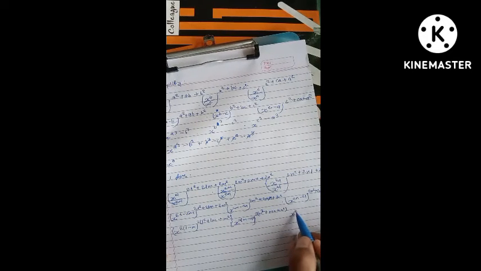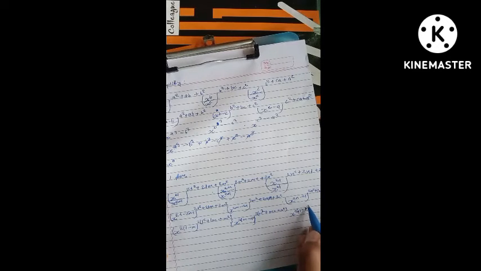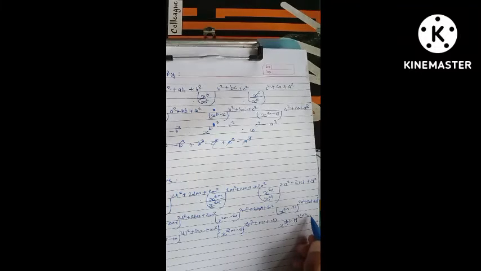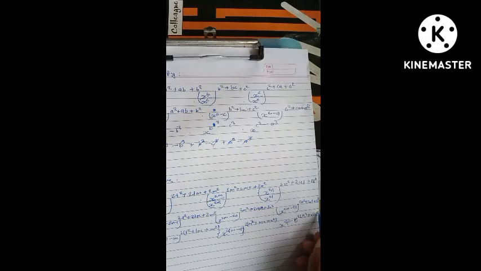And then x, 2n minus l, 2 is common, with n square plus nl plus l square.